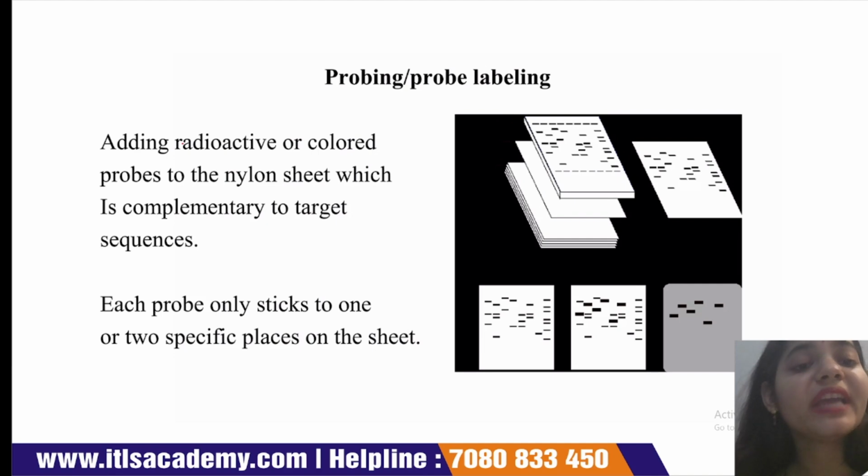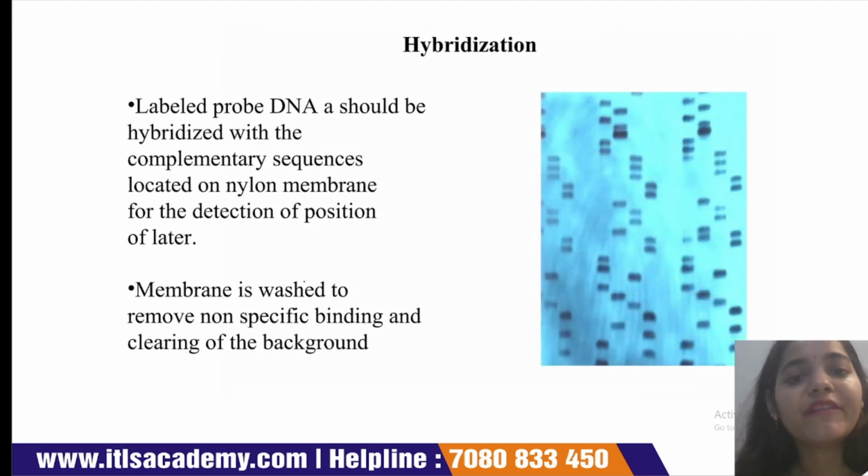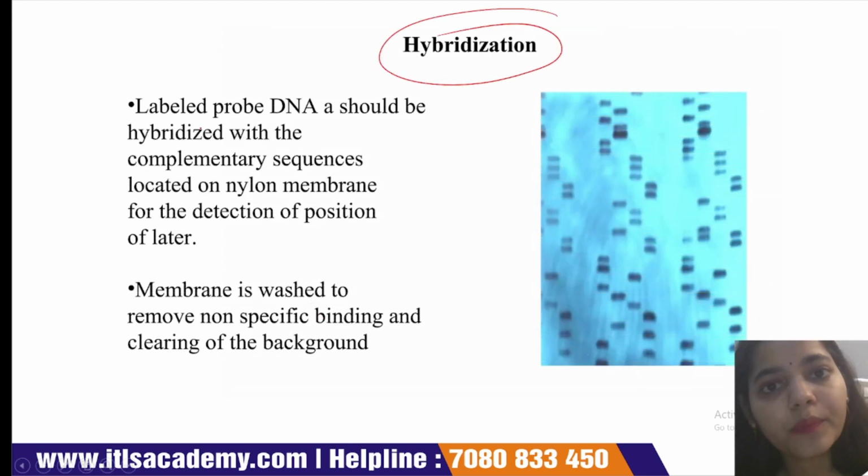We add the radioactive probe to the nylon sheet, which is complementary to our target sequence. Each probe will only stick to one or two specific places on the sheet. After providing the probe, the hybridization process will perform, and the radiolabeled probe can easily hybridize with its complementary sequences on the nylon sheet.